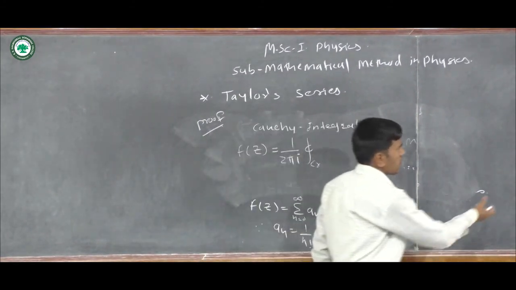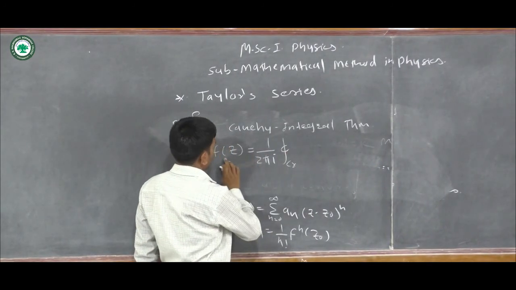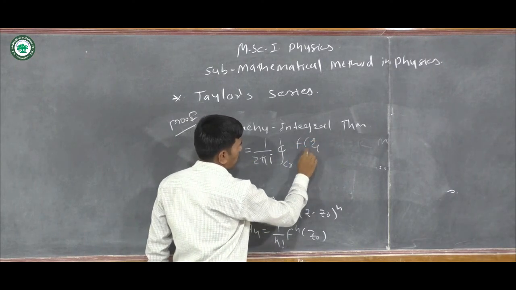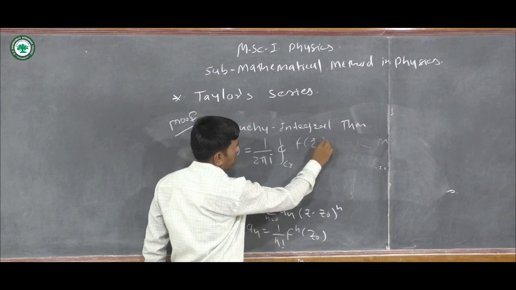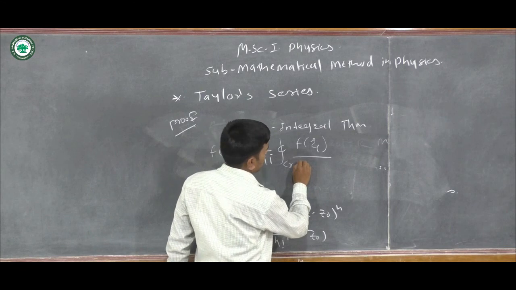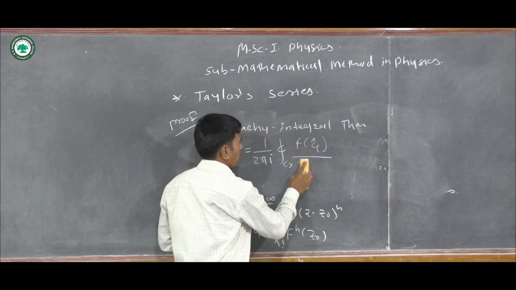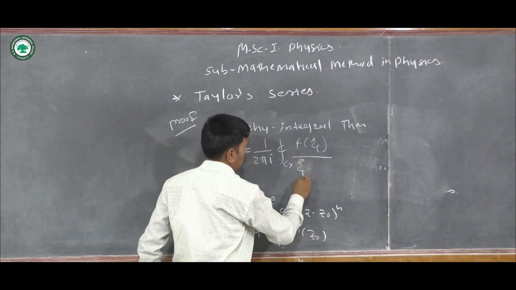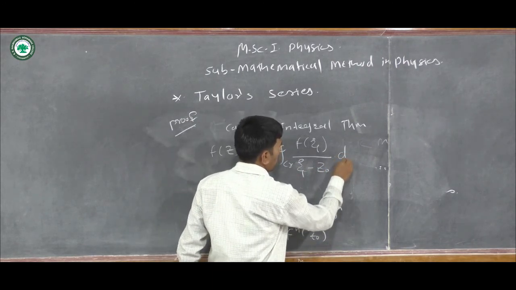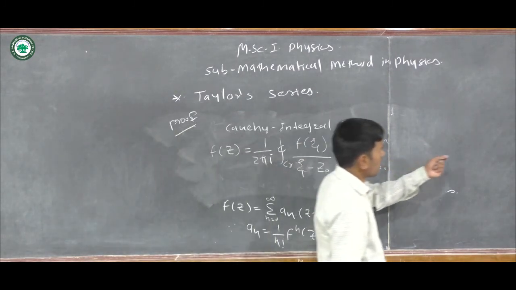Here we consider this region, so that is why it is CR, and we write the Cauchy integral in terms of psi: f(psi) divided by (psi - z), with the variable of integration being psi.